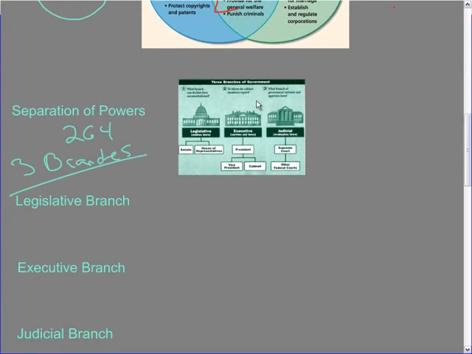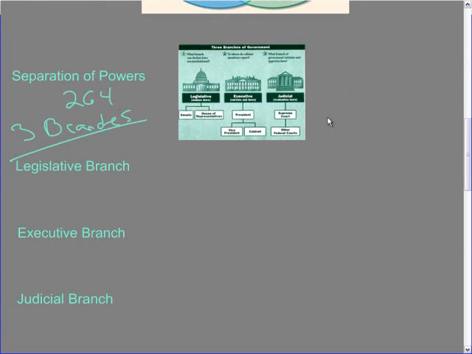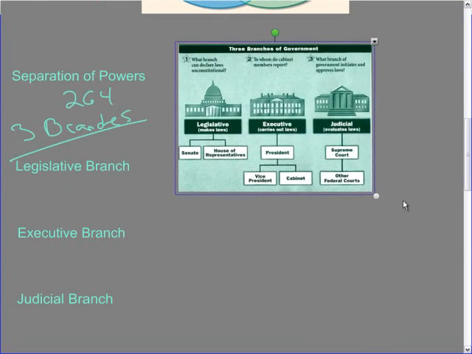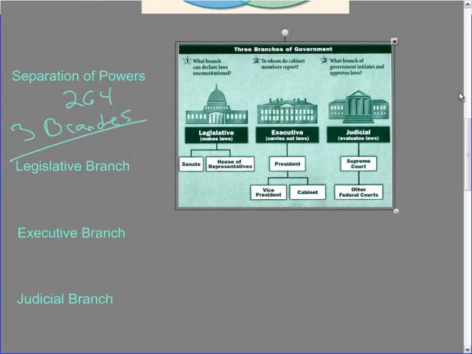What we're trying to do here is make sure that no one branch has all the powers. So for the legislative branch, you're going to need to look at Article 1, 2, and 3 of the Constitution to understand which branch is which and what each of them can do.